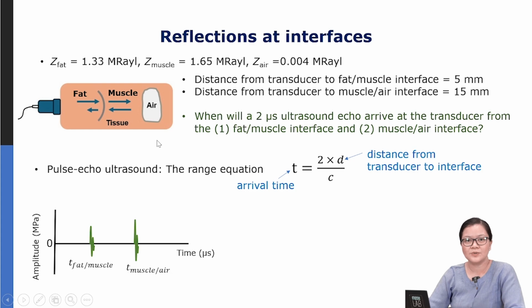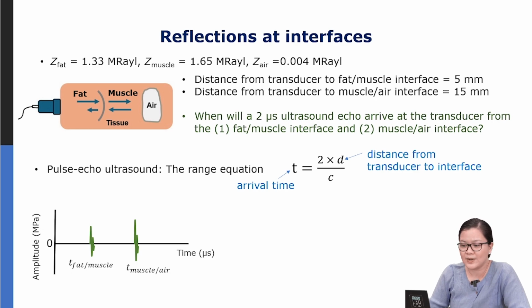Here we introduce pulse echo ultrasound. We're pulsing an incident pulse through, and we're receiving the reflected echo back. What's important to know is, when does the signal echo arrive back at the transducer?